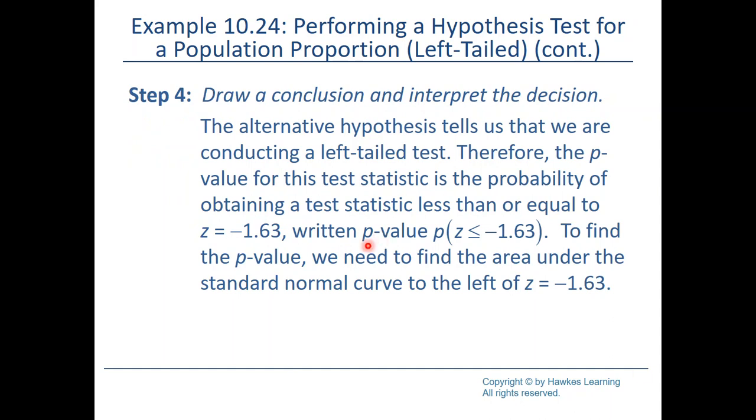So our p-value, meaning the probability that our z is going to be less than or equal to a negative 1.63. Again, this is coming from the alternative hypothesis. And to calculate it out, we can either use our nice, lovely table. That works just as fine, or we can use our calculator.